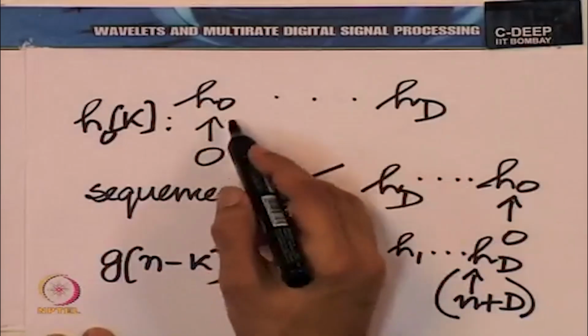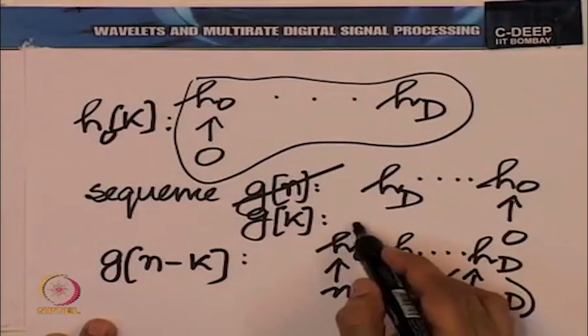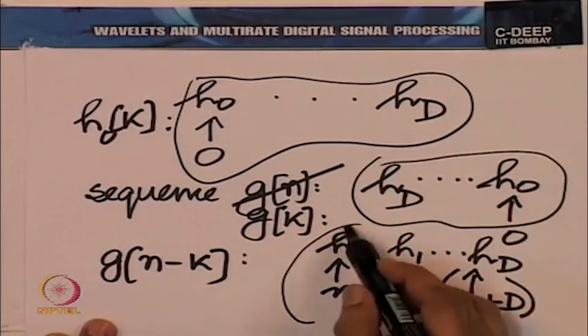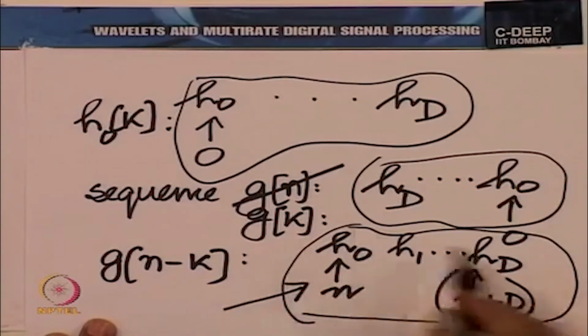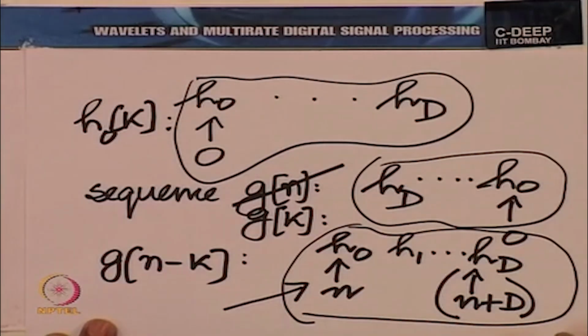So, you are trying to convolve this sequence with this sequence, but in that convolution you are going to move around this at different locations here. Now, visualize, let me put that down clearly once again for you.